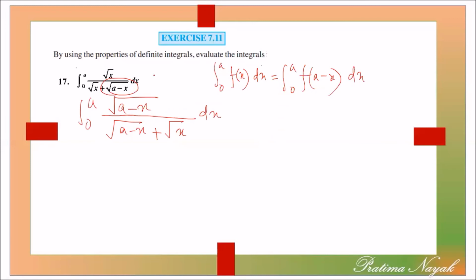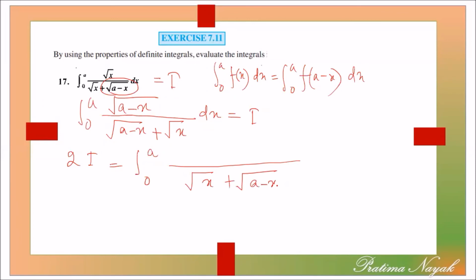Now add these two. This is I, this is also I. So twice the integral is equal to 0 to a. The denominator is the same, only the order is different. One is a plus b, one is b plus a. So under root x plus under root a minus x. What you are getting is again 1.